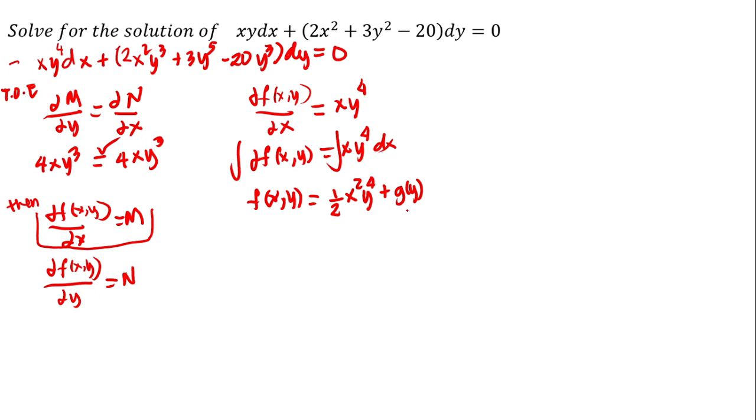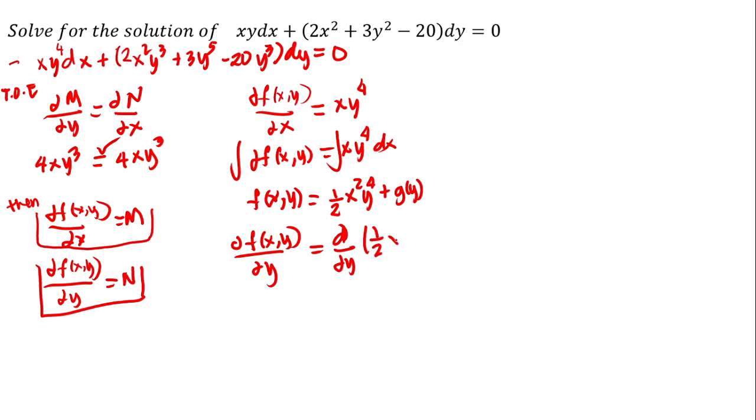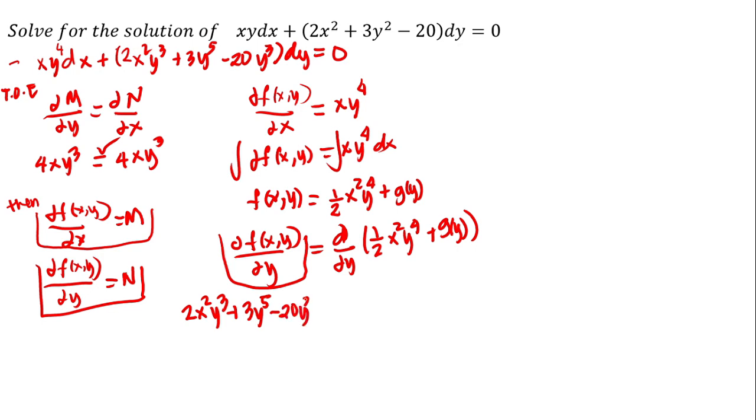So to find the value of g of y, we're going to use this second assumption. We're going to partially differentiate this equation with respect to y. So the partial derivative of 1/2 x squared y to the 4th plus g of y with respect to y is just equal to n, so we can equate this with 2x squared y cubed plus 3y to the 5 minus 20y cubed.